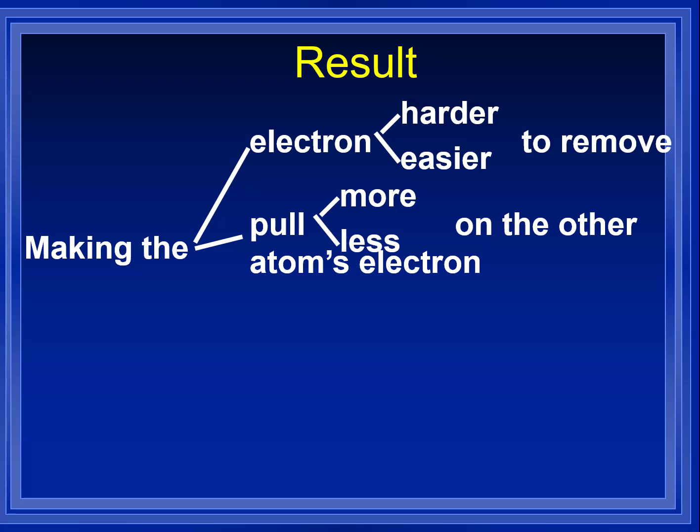You can either make it pull more or less on the other atom's electron. If you've got extra nuclear charge, extra positive is going to pull more.